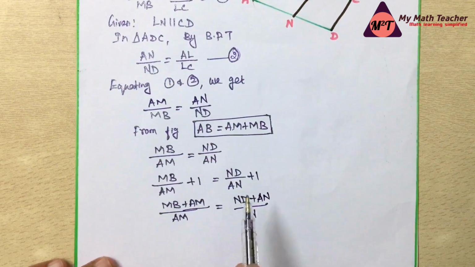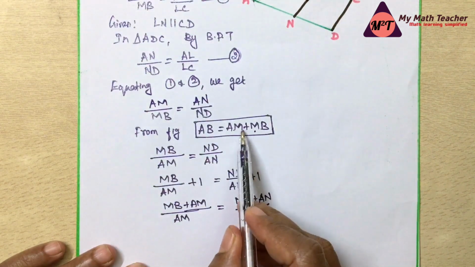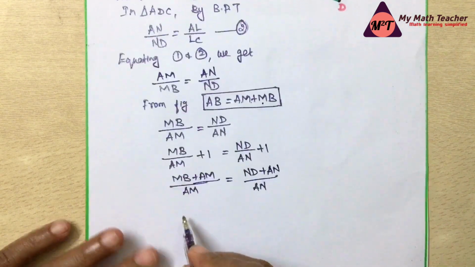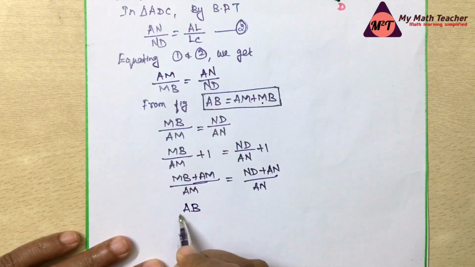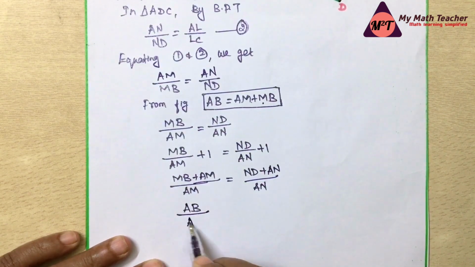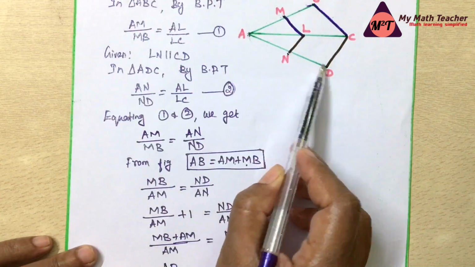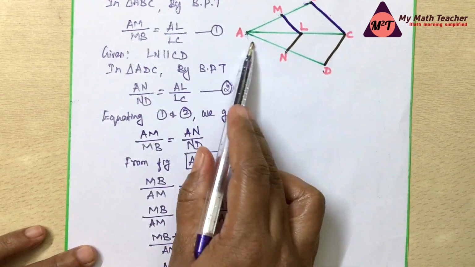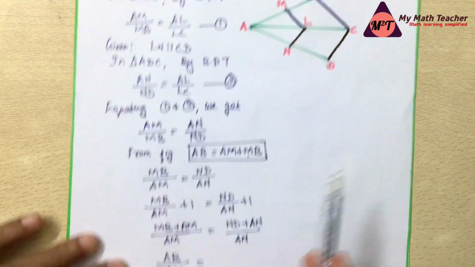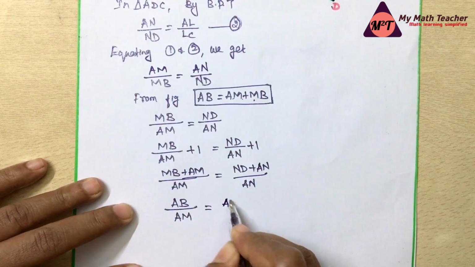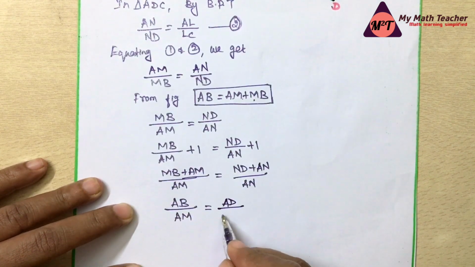Now we know that MB plus AM is equal to AB. So it is AB divided by AM, which is equal to, from the figure we can say ND plus AN. When you add both the parts, we will get it as AD. So it is AD divided by AN.